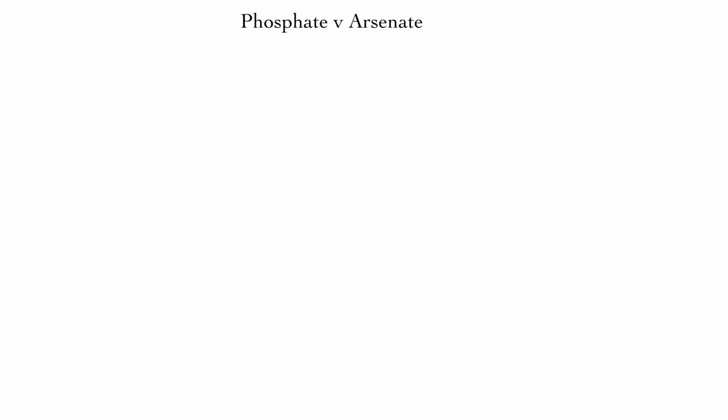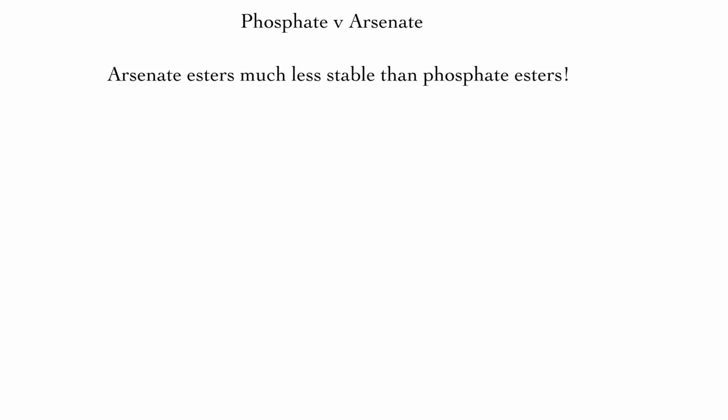So, phosphate versus arsenate. It's been well known that arsenate esters are much less stable than their phosphate counterparts. For example, in 1 molar sodium hydroxide at 100 degrees, the hydrolysis of dimethyl phosphate goes with a half-life of about 24 hours.